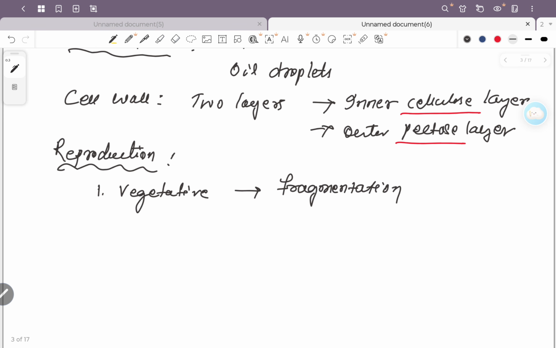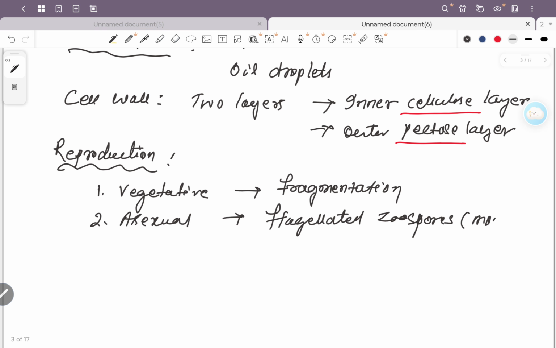Then asexual reproduction is by flagellated zoospores. These zoospores are motile because they have flagella.